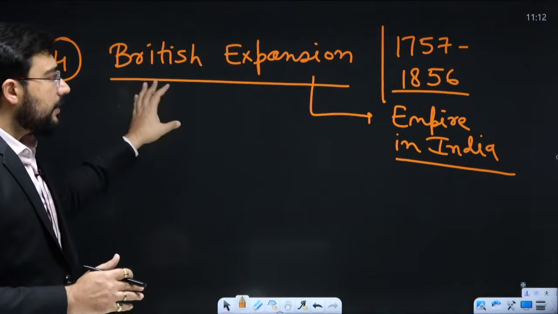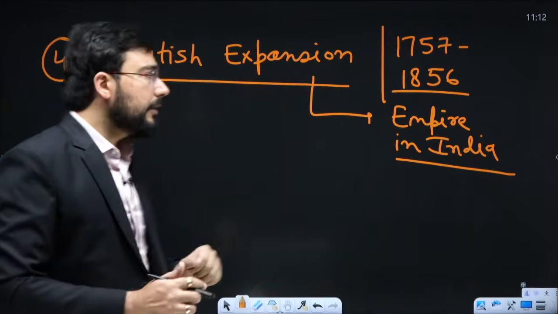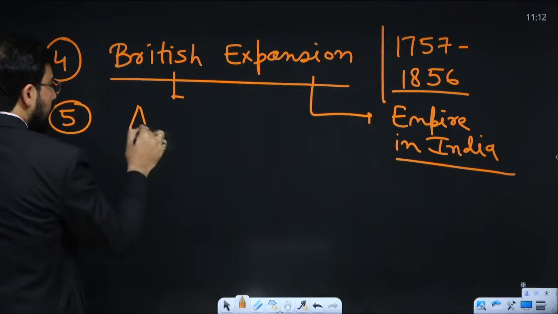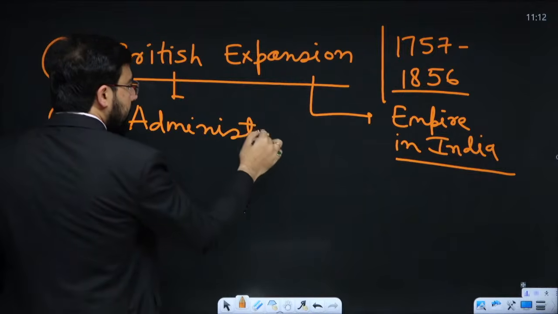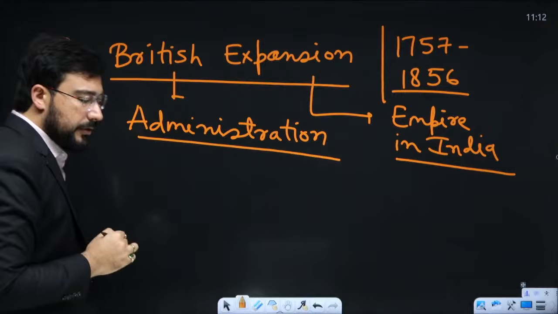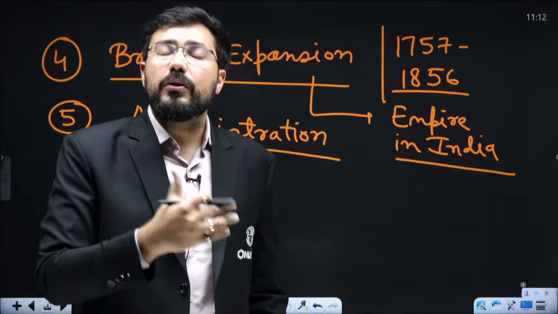So, British expansion happened in these 100 years. Side by side, the British also focused on creating administration in India. All of you are preparing for civil services, so administration was created by the British. We had many famous governor generals like Warren Hastings and Lord Cornwallis.